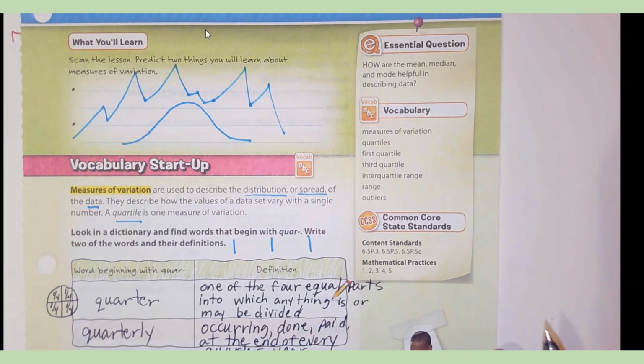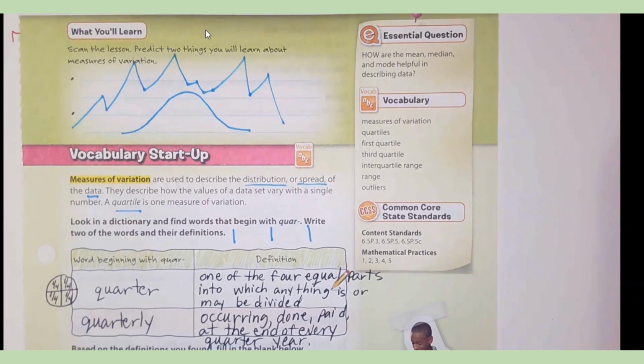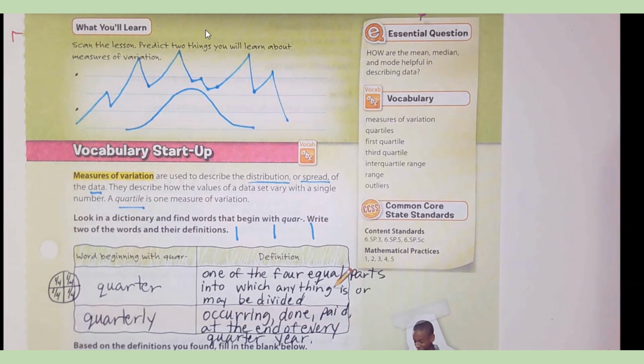Well, it's 12 months. I pay my insurance quarterly. That's what quarterly means. Every 3 months, because it's 12 divided by 4, I pay my insurance, and that means that I pay it quarterly.